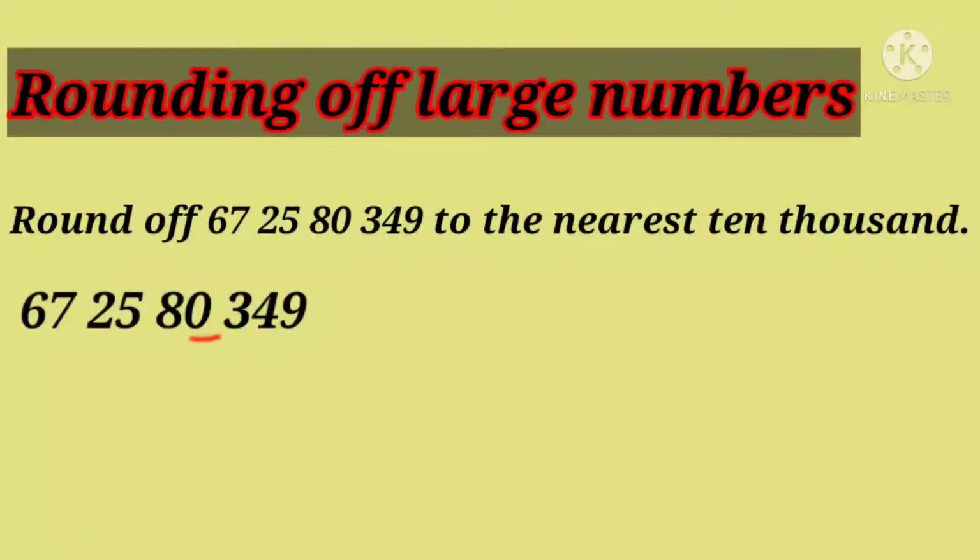We find that the digit to the right of the 10,000 place is 0. And since the 0 is less than 5, all the digits to the right of the 10,000 will become 0 and the remaining digits will be written as they are. So we get the round number 67 crore 25 lakh 80,000.